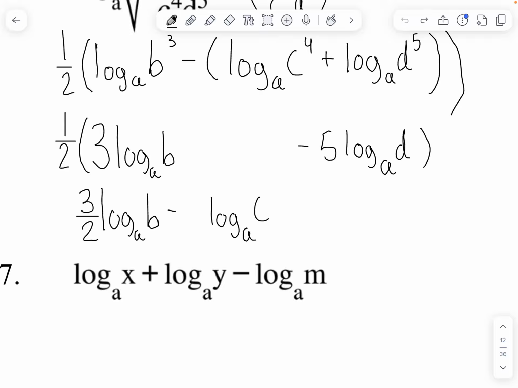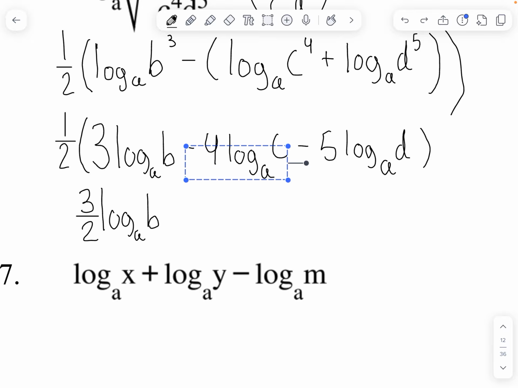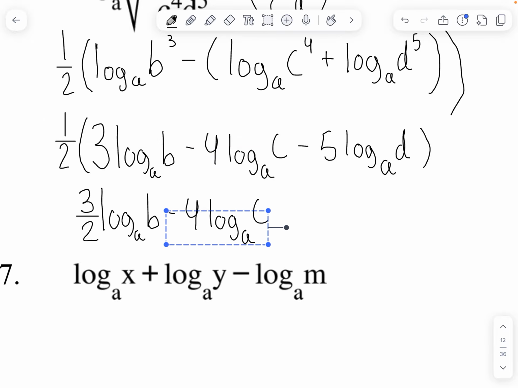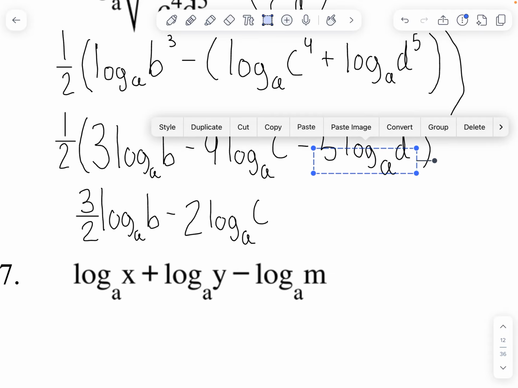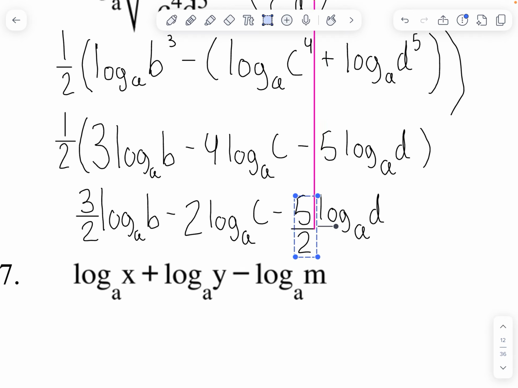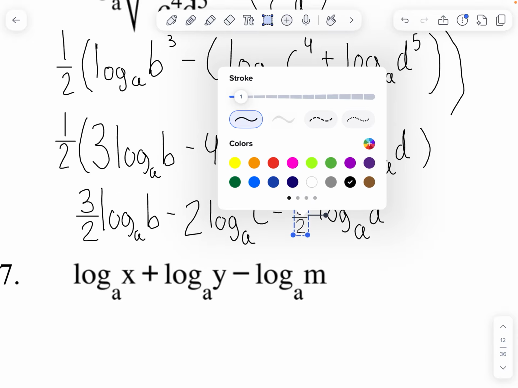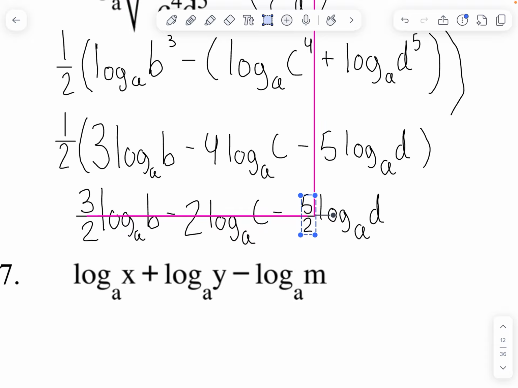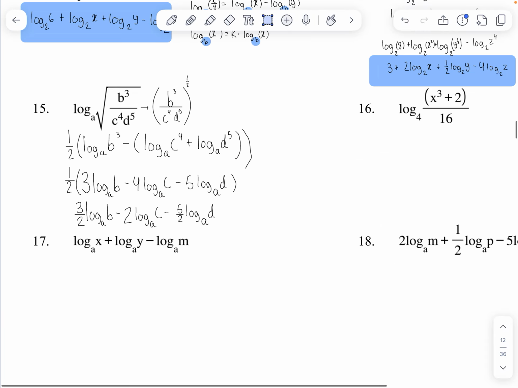Oh wait, I forgot to duplicate this. And then minus 5 over 2 log base a of d. And that is our second answer.